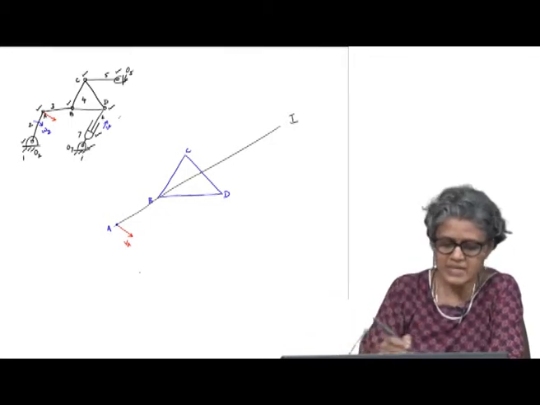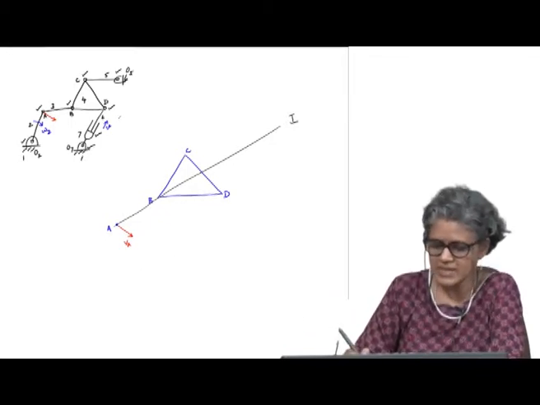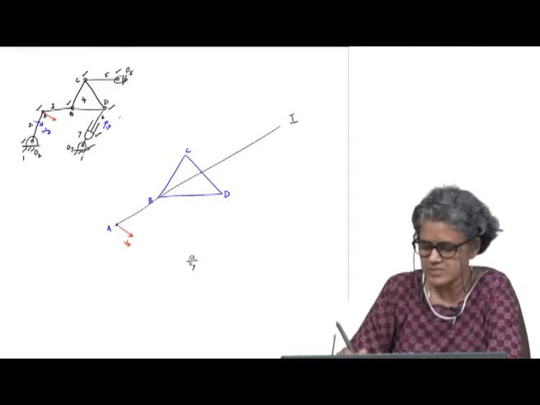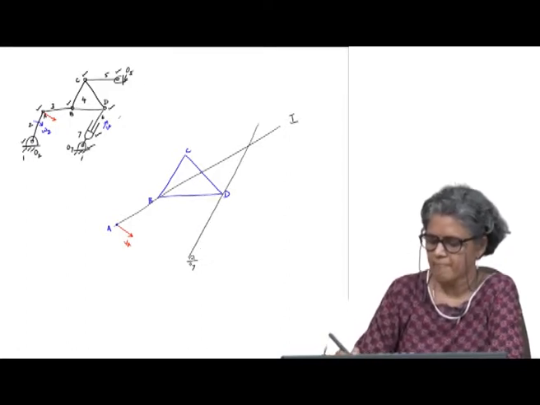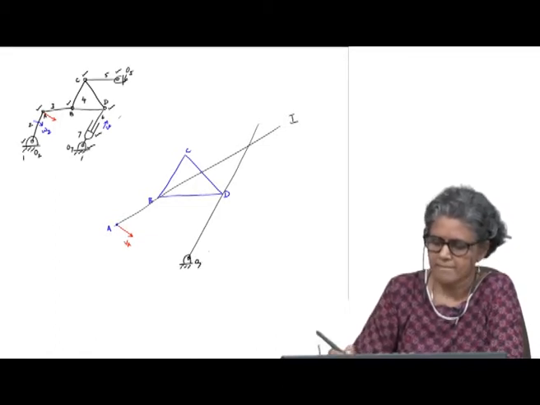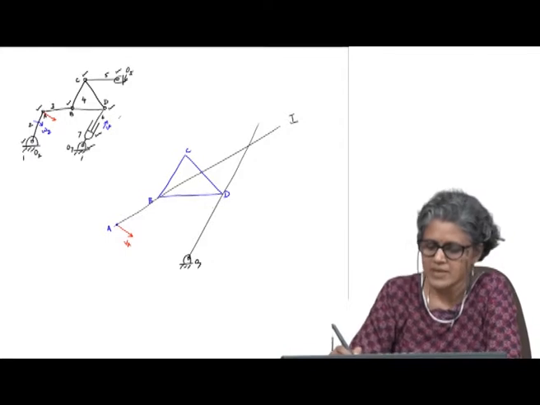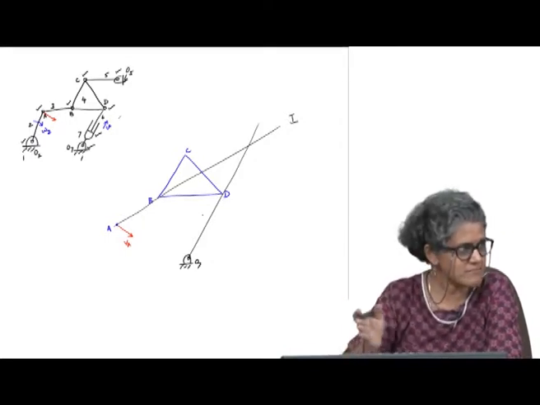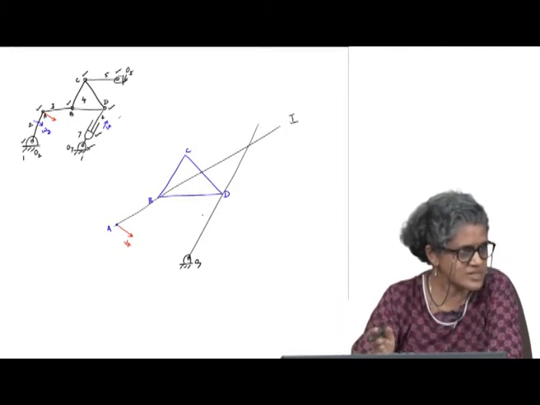So, if I take an auxiliary line, say if this is my O7, along this, then I know the component of the velocity that is transmitted, because I know that velocity, this v.